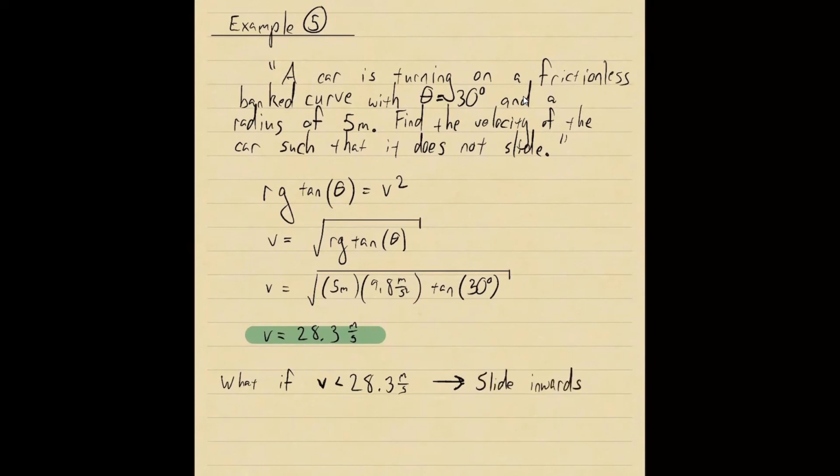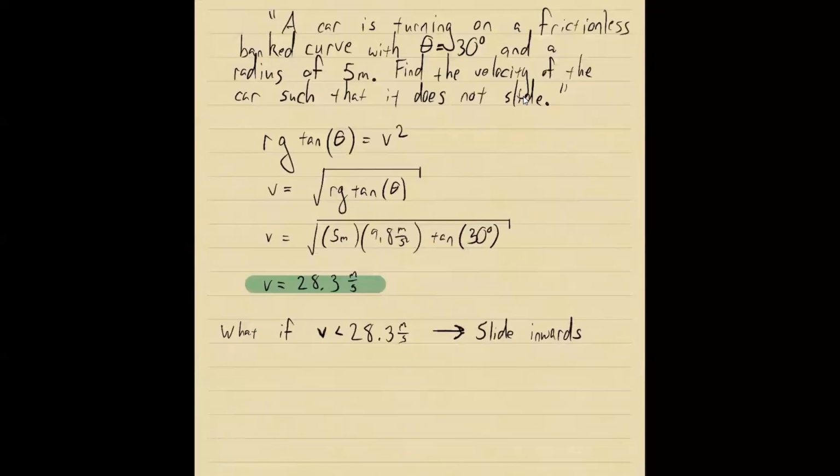It's not going fast enough. It would slide down the inclined bank, right? And so you can ask the opposite question: what if it was going faster than that 28.3 meters per second that we found? So in this case, it'll slide up. It'll slide upwards.